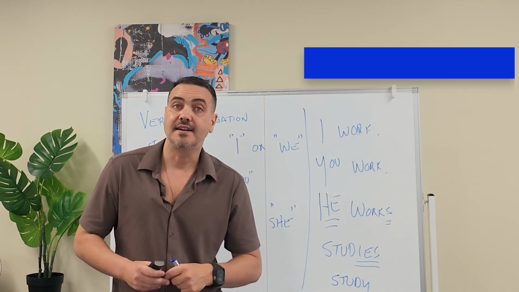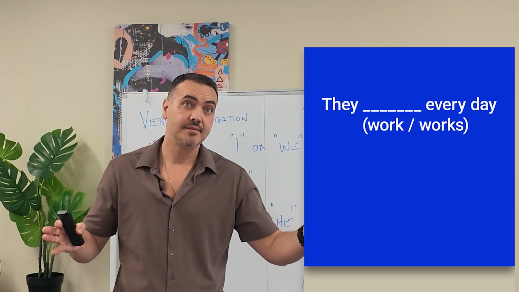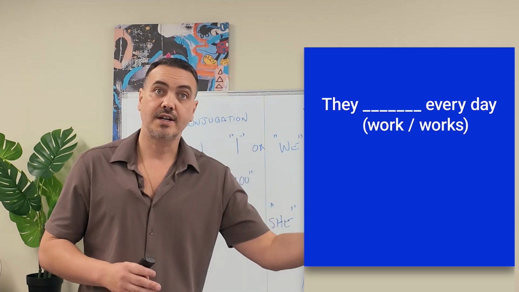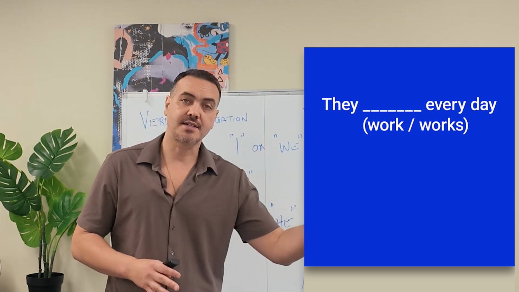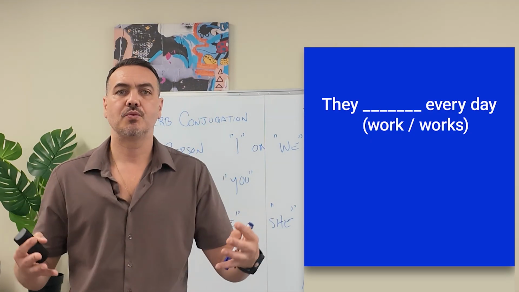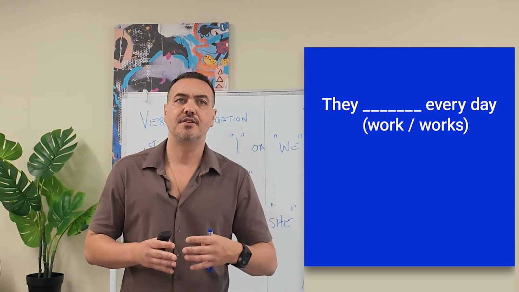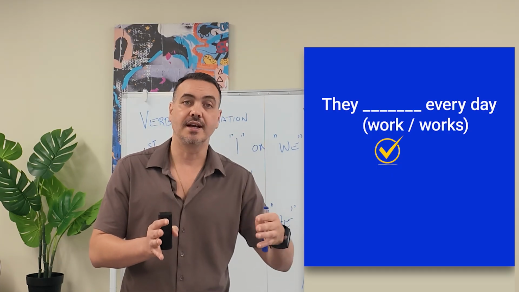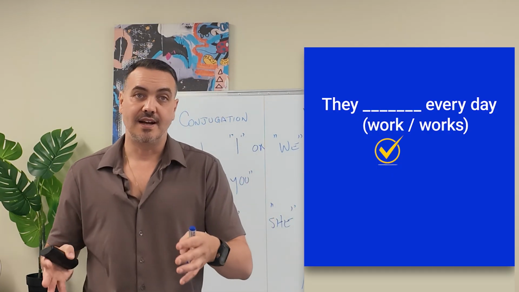Now let's try they. They, every day. They work every day or they works every day. Again, when we're talking about the word they in third person, we just drop the S and go back to work, okay? They work every day.